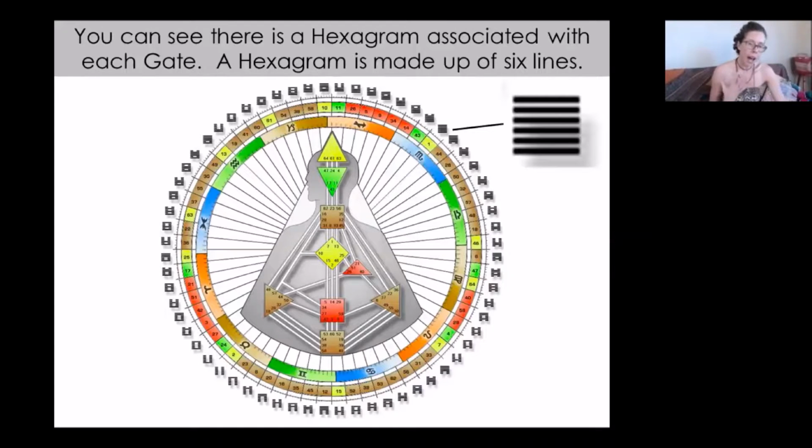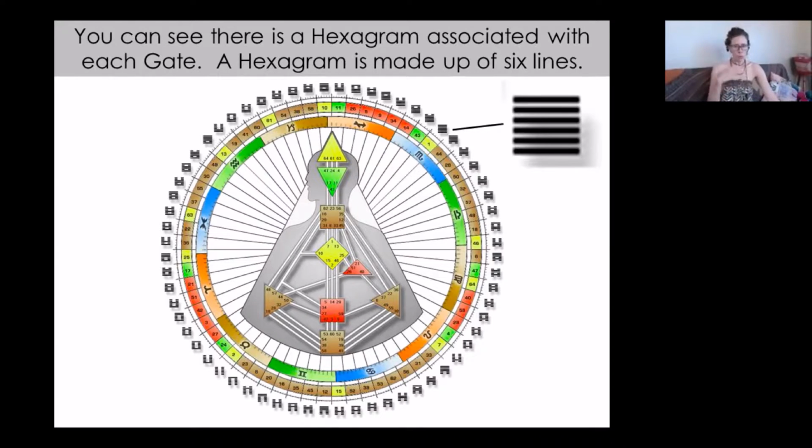The book that I really like about the I Ching is called Gene Keys by Richard Rudd. It's Gene, G-E-N-E, Keys, and Rudd is R-U-D-D. It's a big, massive book, and I lug that book with me wherever I go because it goes into all 64 of the hexagrams and what they mean.